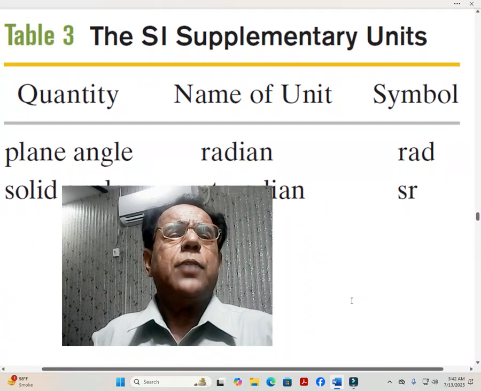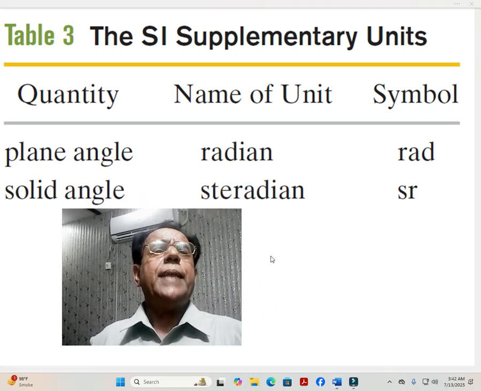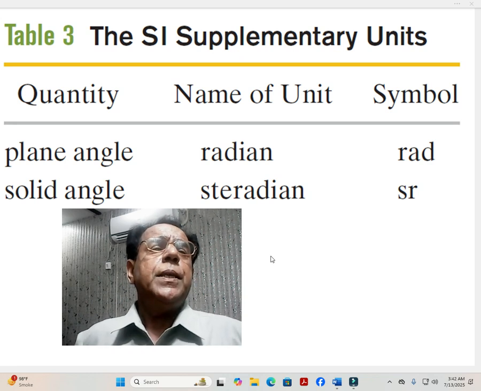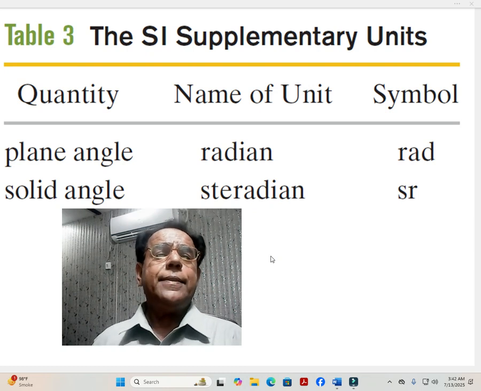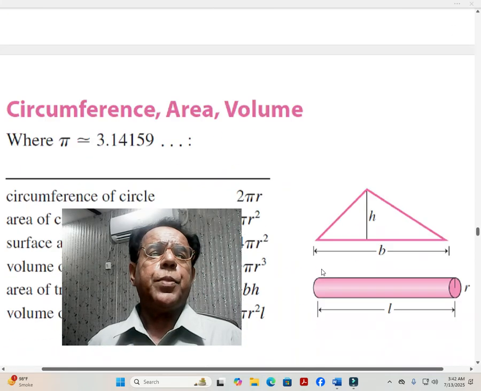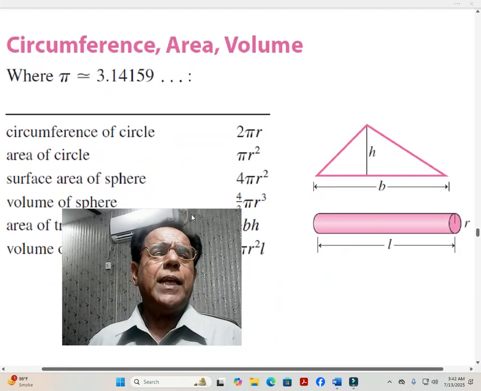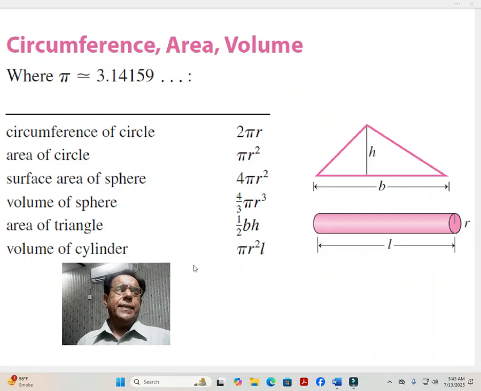This is also some information about angle. The SI supplementary units: plane angle radian, symbol rad; solid angle steradian, symbol sr. The purpose of this snapshot is just to ensure that the value of pi is 3.14159. We usually take it up to 2 decimal places, that is 3.14 only.